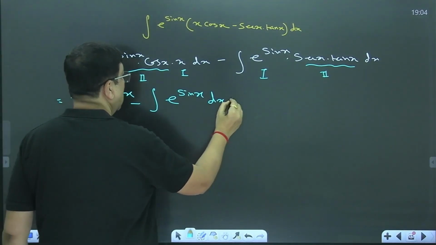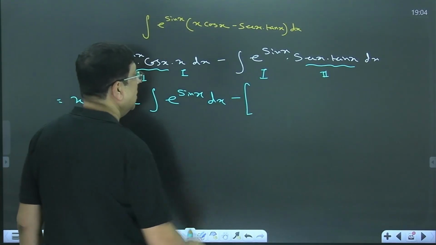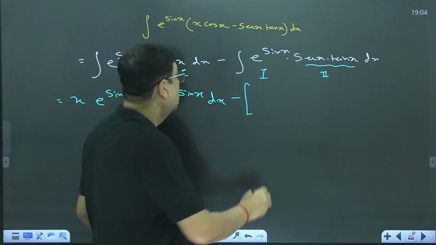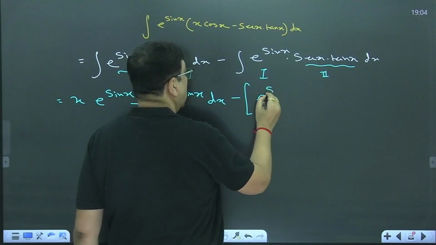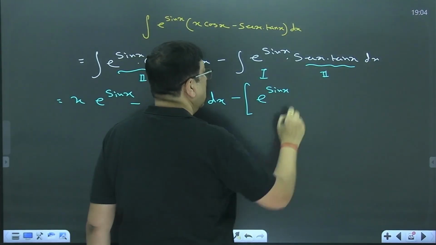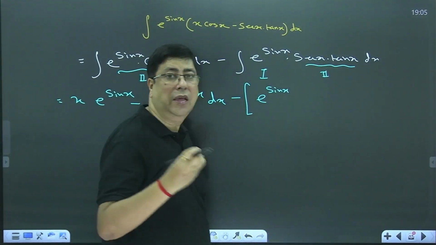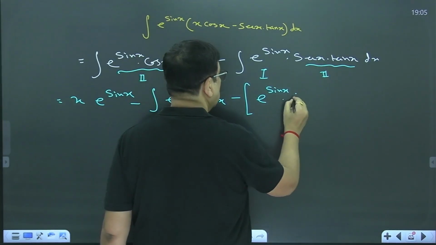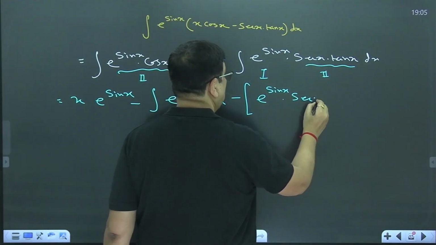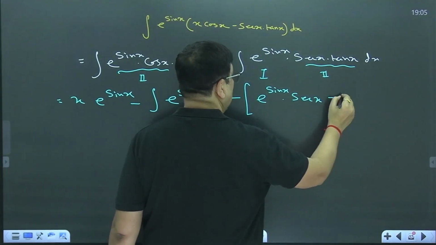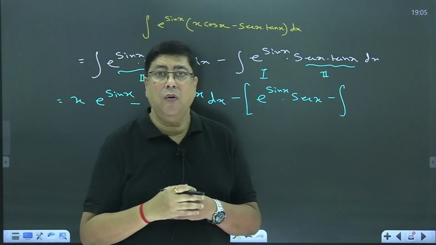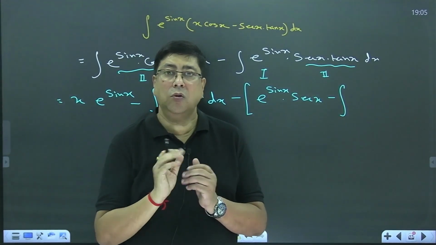On total dx minus, let's see what is coming here, u my first function outside, so e to the power sin x, integration of the second function sec x tan x is sec x, so the integration of the second function is sec x, right, minus the derivative of the first function, e to the power sin x, what will the derivative be, e to the power sin x into cos x.